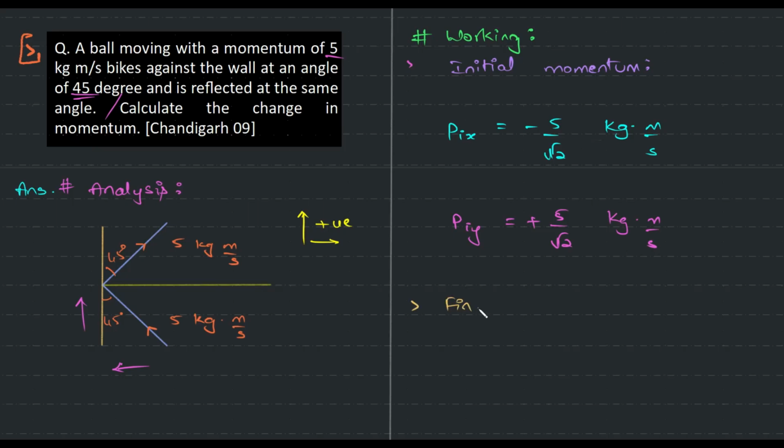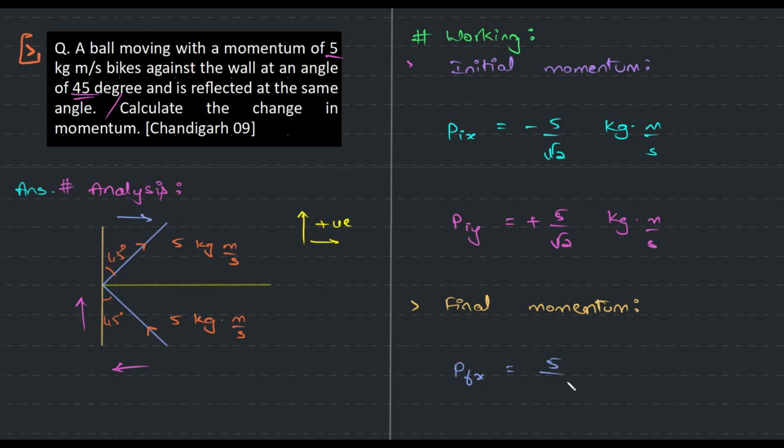Now we have the final momentum. So P of f of x, which is equal to, so final momentum, we have along the x-axis, we have it pointing towards the right.